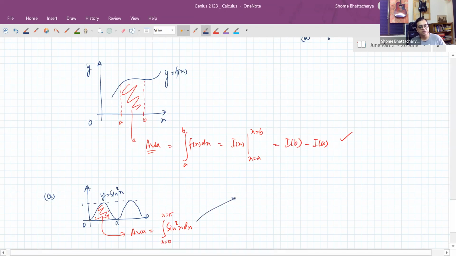Now to complete this integration, we will use that trick, that sine square x can be written as 1 minus cos 2x by 2, from 0 to pi.